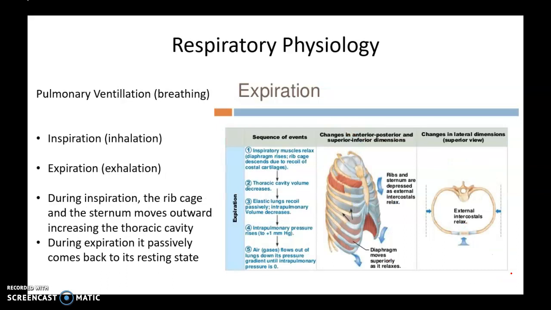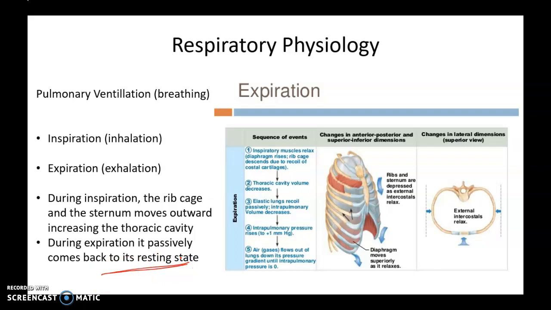Moving on to expiration. During expiration, remember the rib cage and the muscles come back to their resting state. We have mentioned this before.